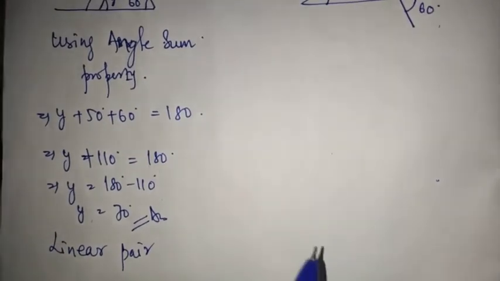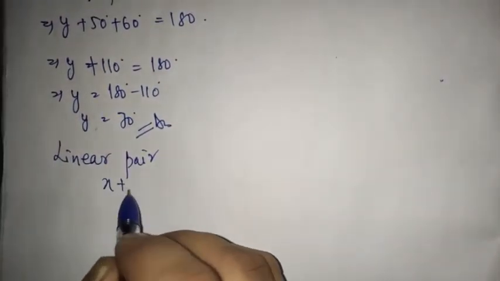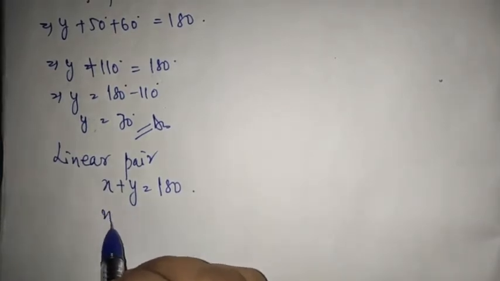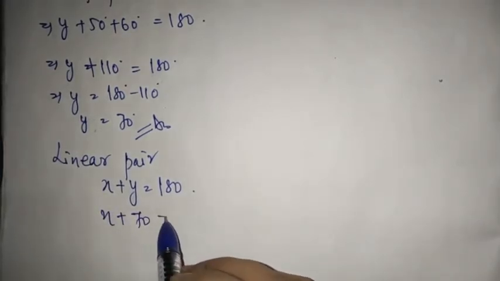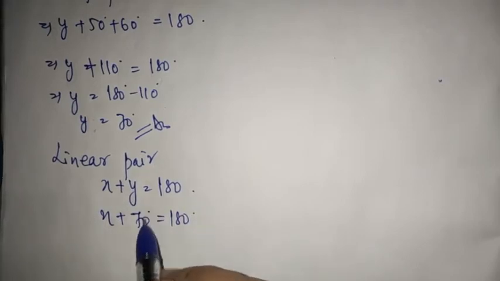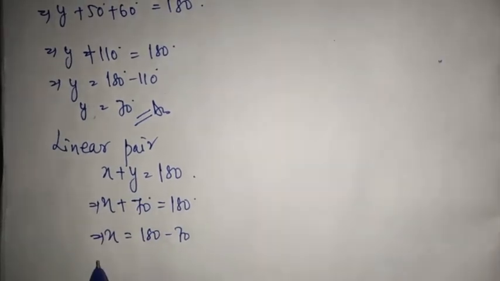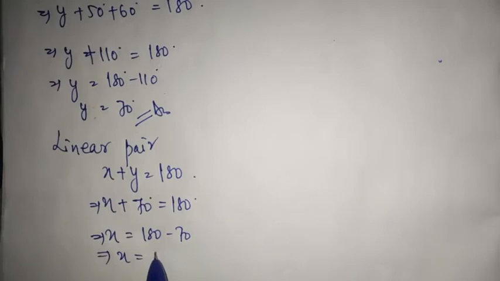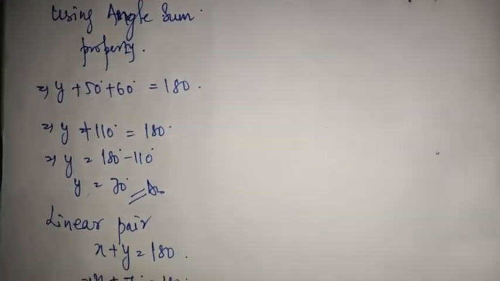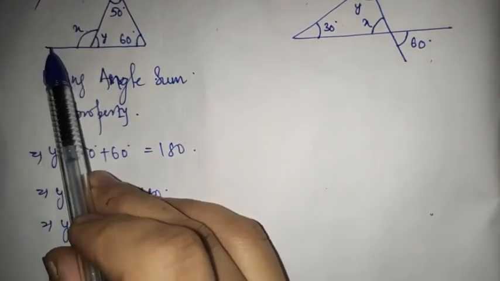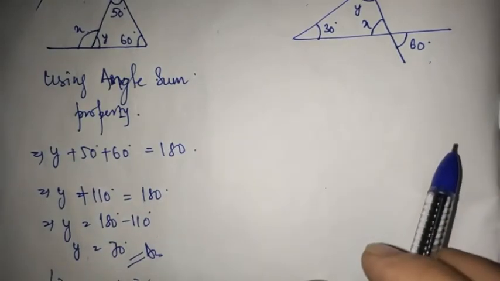So I can write here, x plus y is equal to 180 degrees, right? What is the value of x? You don't know, you have to find. Now x plus 70 is equal to 180 degrees, right? So x is equal to 180 minus 70, which when you subtract, you are going to get 110 degrees. Alright, so you got the value of x, that is 110 degrees, using the concept of the linear pair, right?